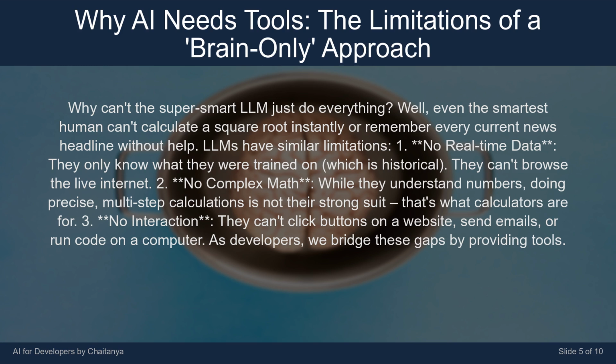No complex math. While they understand numbers, doing precise, multi-step calculations is not their strong suit. That's what calculators are for. 3. No interaction. They can't click buttons on a website, send emails, or run code on a computer. As developers, we bridge these gaps by providing tools.